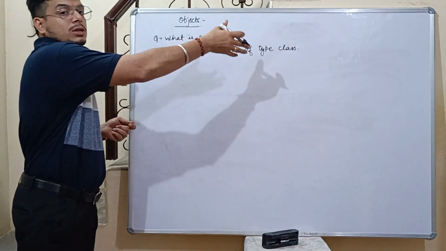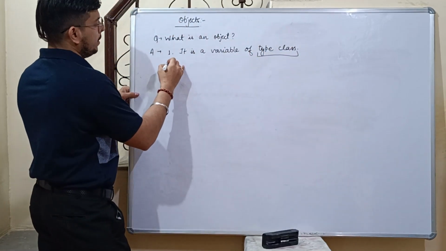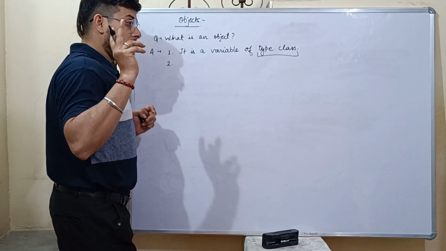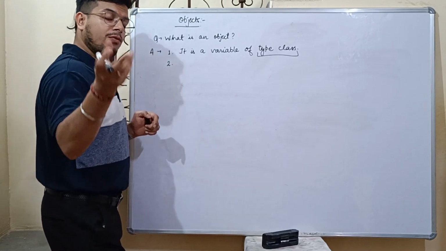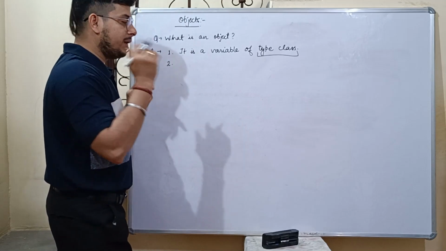Obviously it is declared for the class, that is why it is a variable of type class. We have just seen it. Number 2: as you can see, with the help of an object we can access the member functions only.